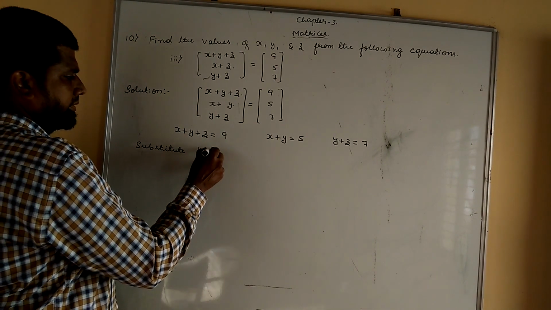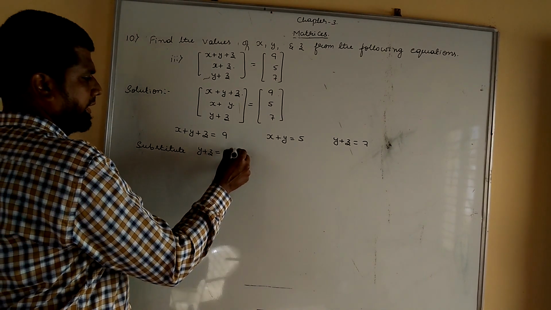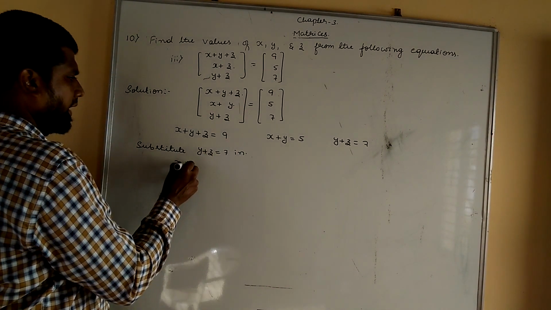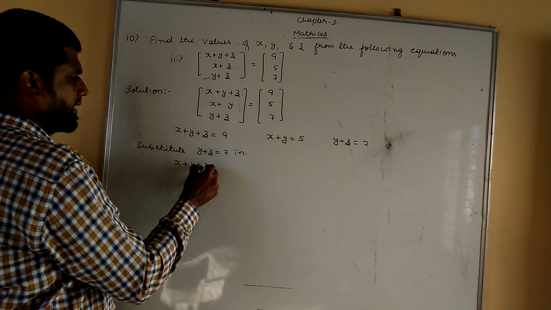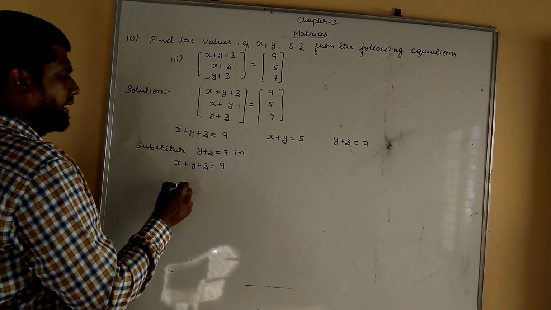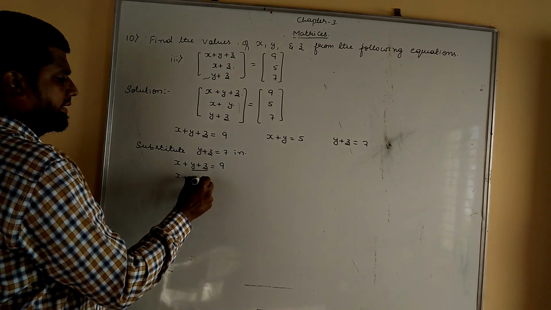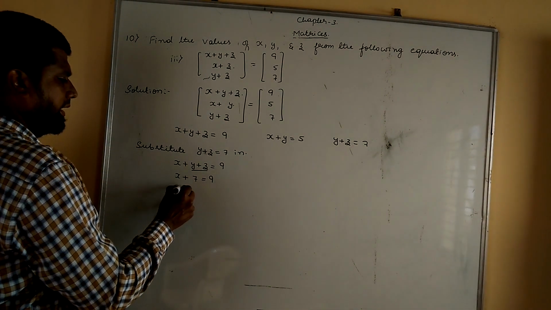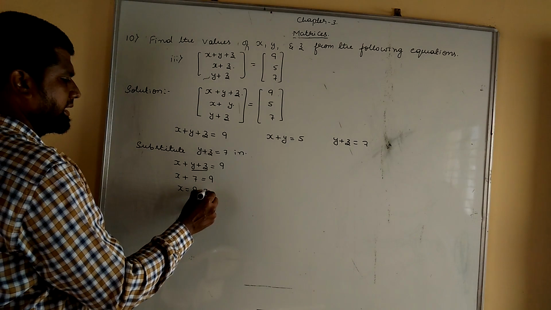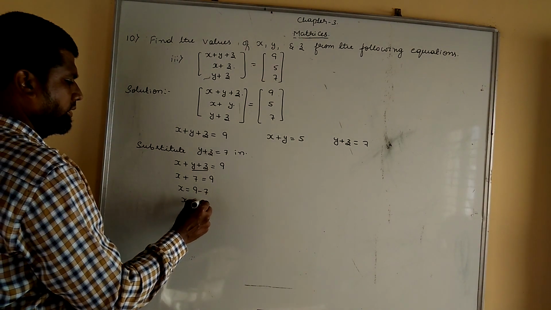Okay, let us substitute y plus z is equal to 7 in x plus y plus z is equal to 9. In this place, y plus z value if you substitute means 7, that is equal to 9. x is equal to 9 minus 7, x is equal to 2.